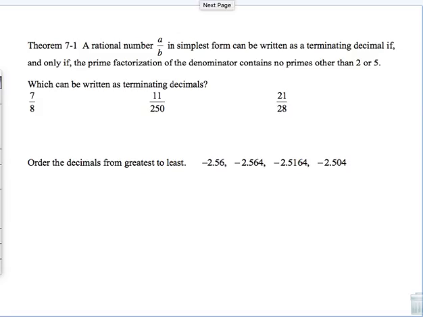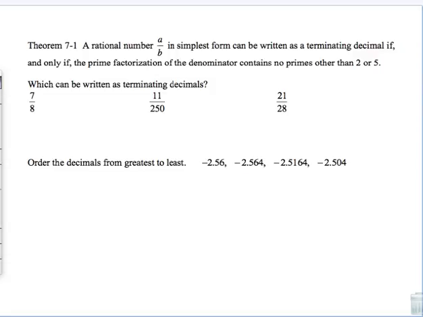Next we have a theorem. Theorem 7.1 says a rational number a over b in simplest form can be written as a terminating decimal if and only if the prime factorization of the denominator contains no primes other than 2 or 5. So first one, we have 7/8.